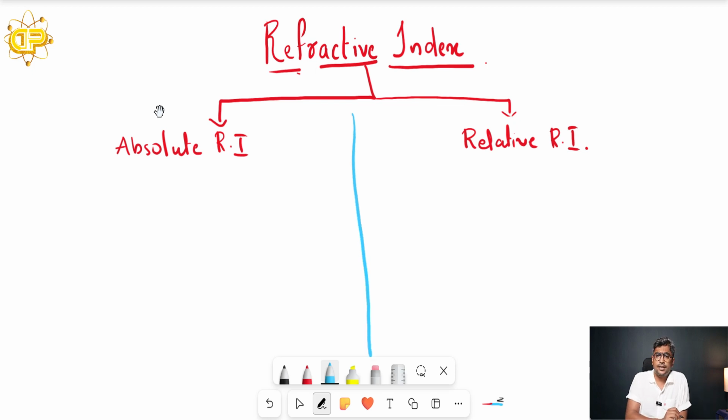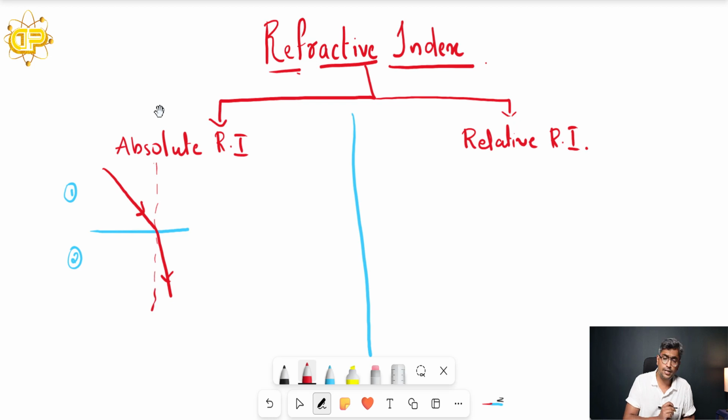In the first case, the scenario is like this: there are two mediums, one medium is air or vacuum and the second medium is an unknown medium with a particular refractive index. Once the light moves from air to this medium, you can see it bends towards the normal, as light is moving from a rarer medium.